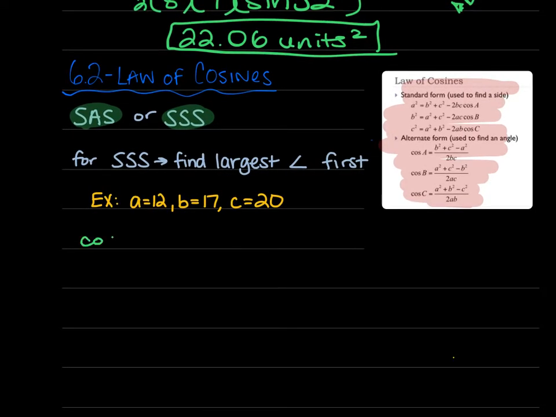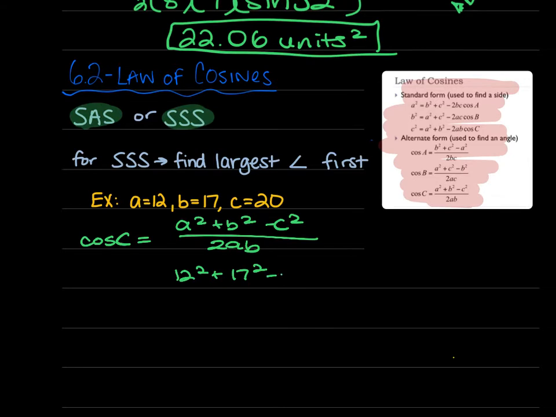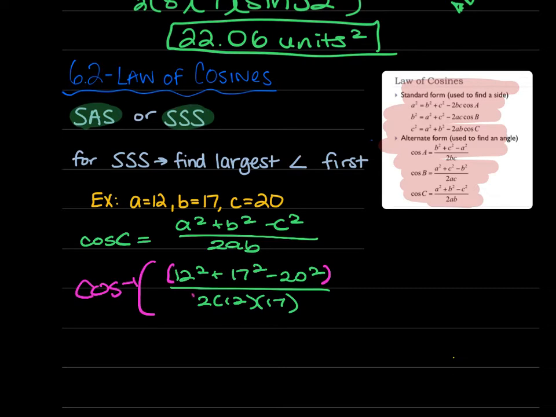So I'd get the cosine of C equals A squared plus B squared minus C squared over 2AB, which is 12 squared plus 17 squared minus 20 squared over 2 times 12 times 17. And this is where you got to be really careful when you type it into your calculator. I'm going to do inverse cosine, but you need to make sure, because it automatically opens one set of parentheses, you've got to group together your numerator and your denominator so that they know that they're separate and what order to do it in.